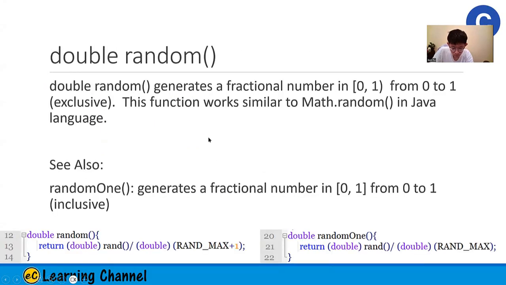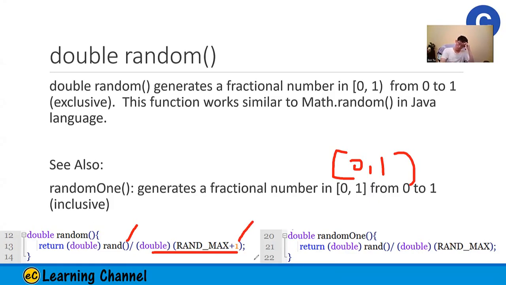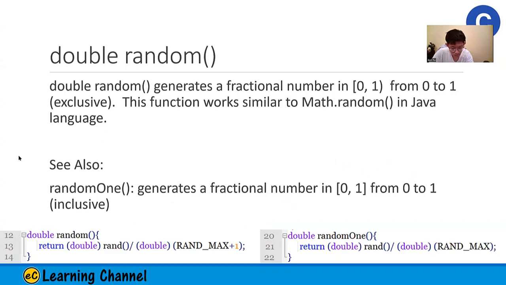And then if you want to calculate the random number, you use rand that will generate a random integer divided by the maximum value plus 1. That will be from 0 up to 1, but not including 1. Okay? Here we have a plus 1. This will give you the random function that you need, as in Java.